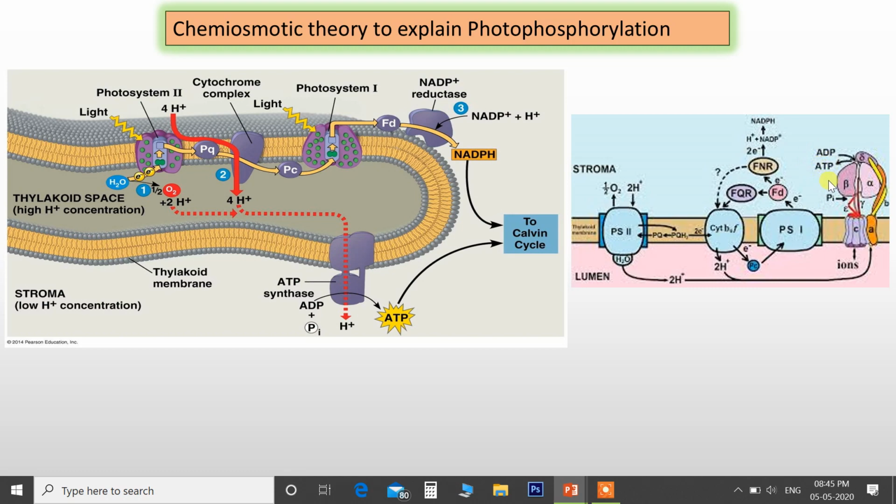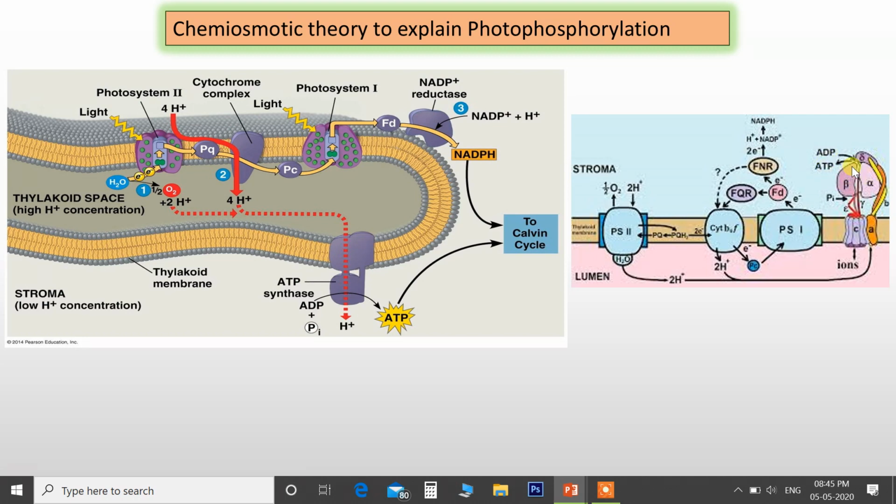The synthesis of ATP should be catalyzed by an enzyme, that is ATP synthase, and specifically this catalytic portion is located here. This is the CF0 particle, and this is the CF1 particle. Here the catalytic portion, ATP synthase, is located.